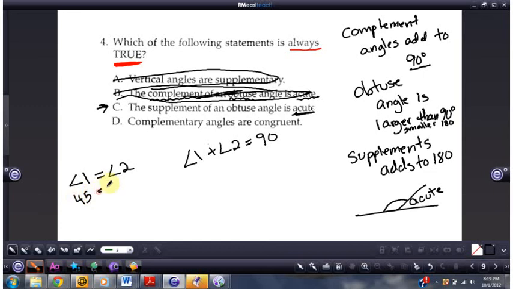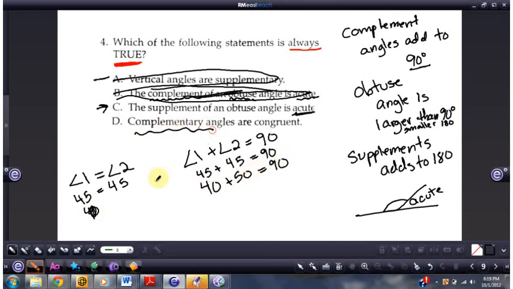However, just like our first problem with those vertical angles, if I pick something like 40 plus 50, they're still complementary, but 40 does not equal 50, so they are not congruent. Which means the only problem that is always true is C.